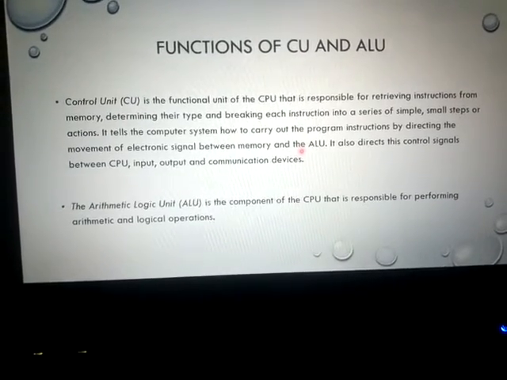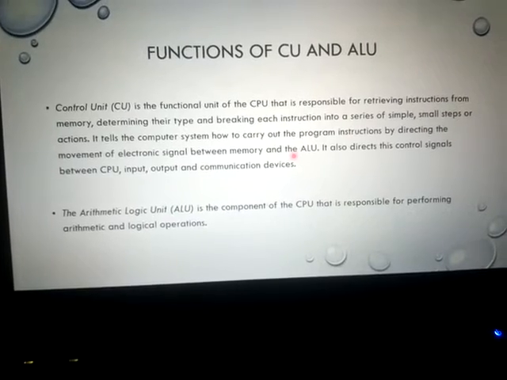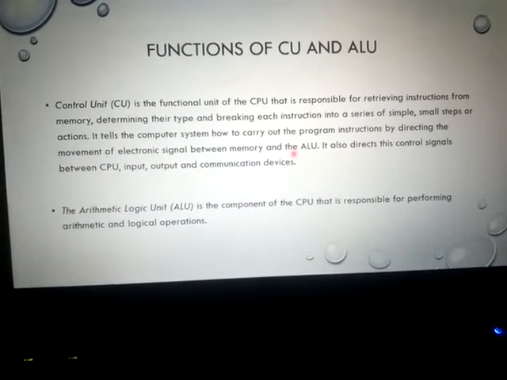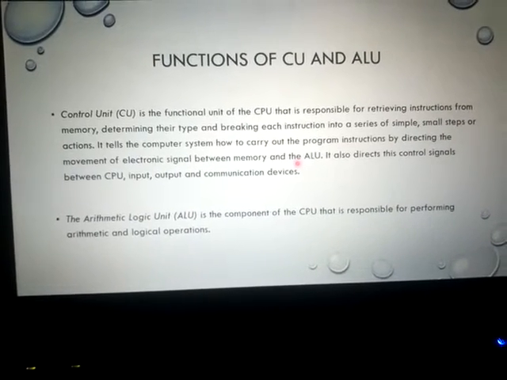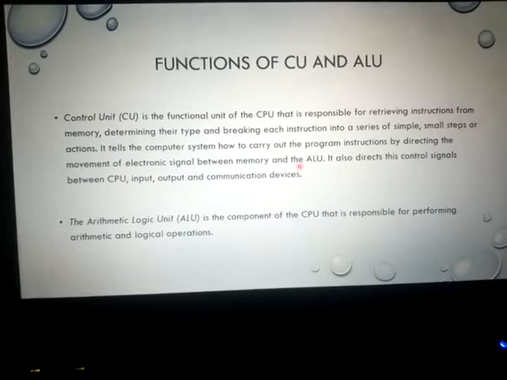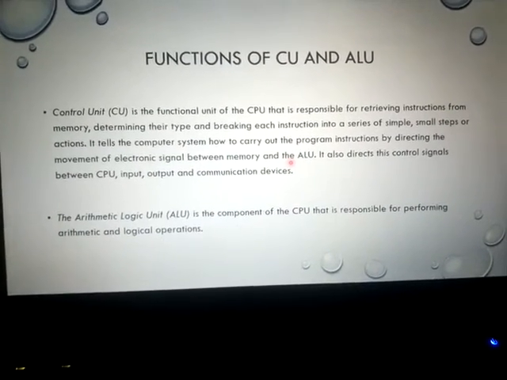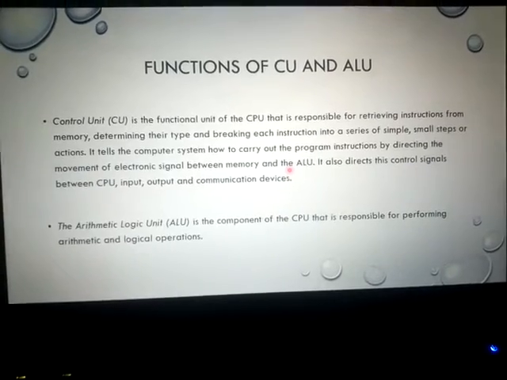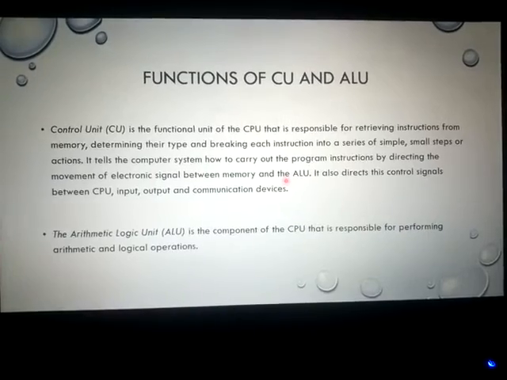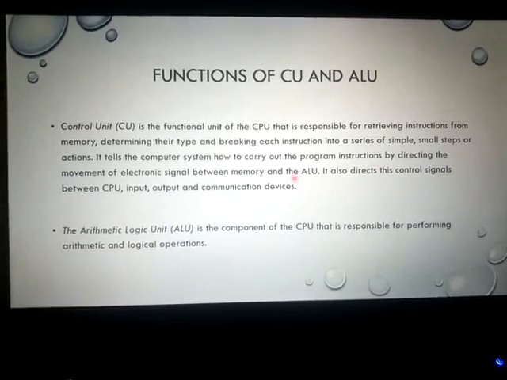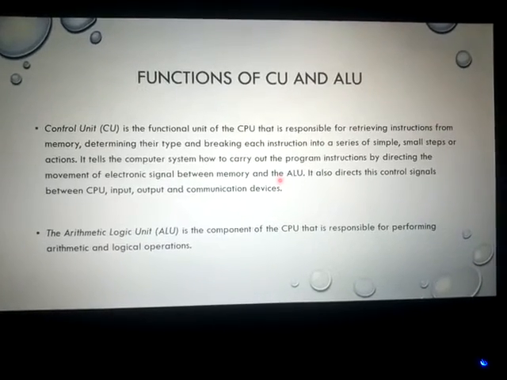It also tells the computer system how to carry out the program instructions by directing the movement of electronic signals between memory and the arithmetic and logic unit. It also directs these control signals between the central processing unit, input, output, and communication devices.